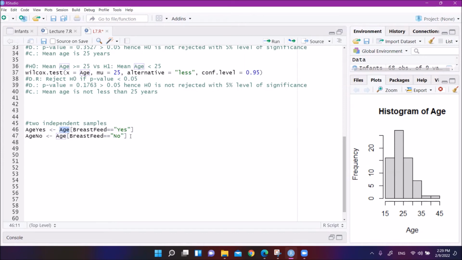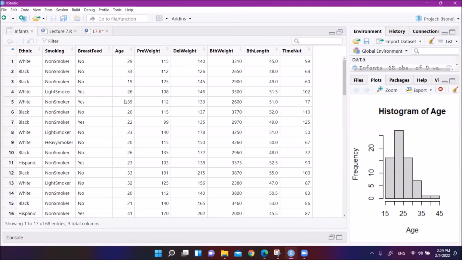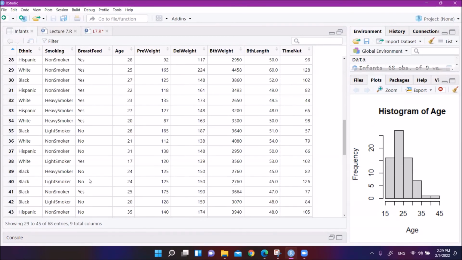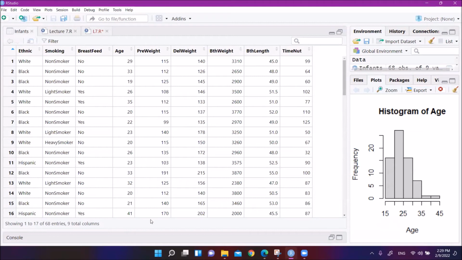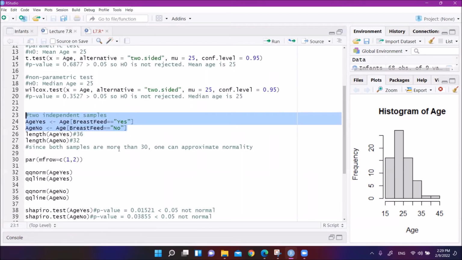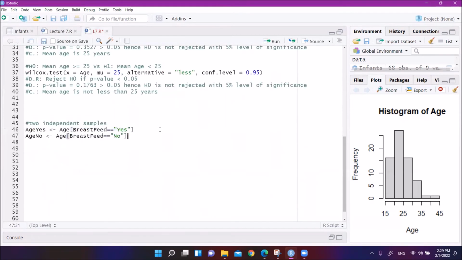Age where we select breastfeed equals no. That means we select the ages where breastfeed is equal to no, this one, this one, this one. Likewise, we are going to split the ages according to whether the infants are breastfed or not. Okay, that is what I have done here.